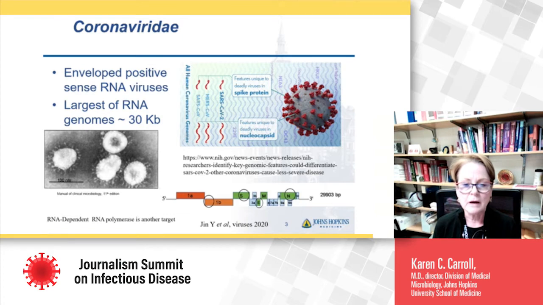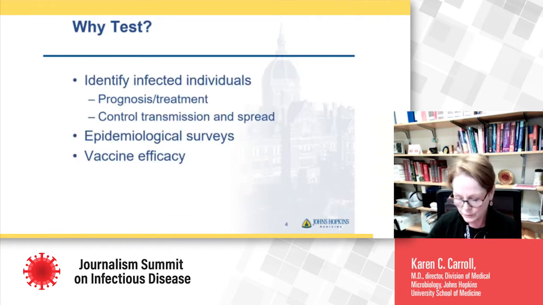Most of the molecular tests out there do detect the genes that encode for the spike proteins, the S, or the nuclear capsid proteins, but there are other targets as well, including the RNA-dependent RNA polymerase.